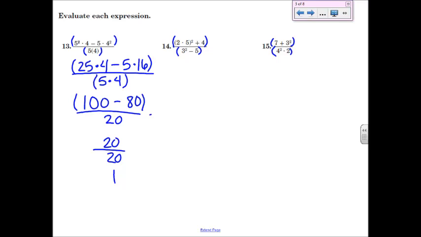Number 14, we have inside our parentheses that I added on top, another set of parentheses. So that's what we'll do first. And inside that, we have 2 times 5. And 2 times 5 is 10. Everything else stays the same.